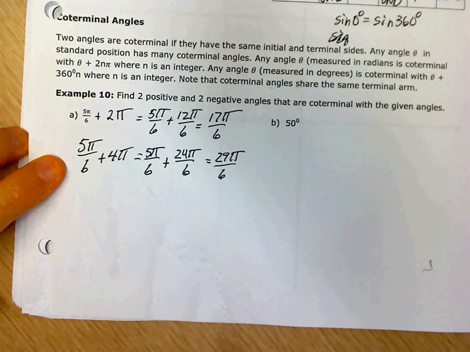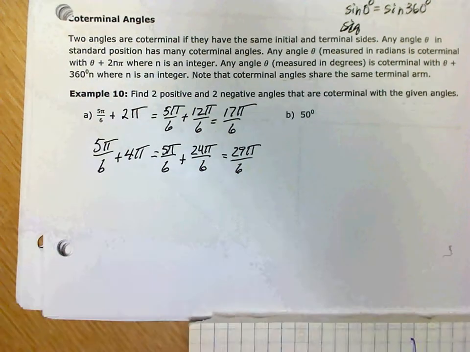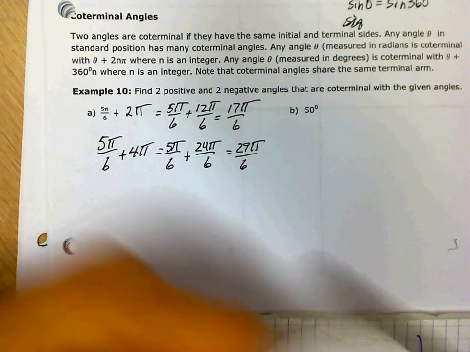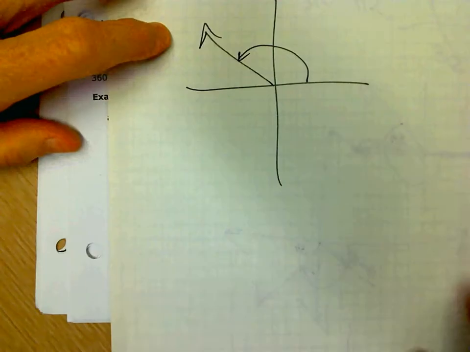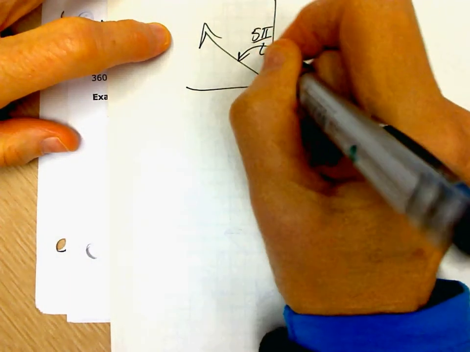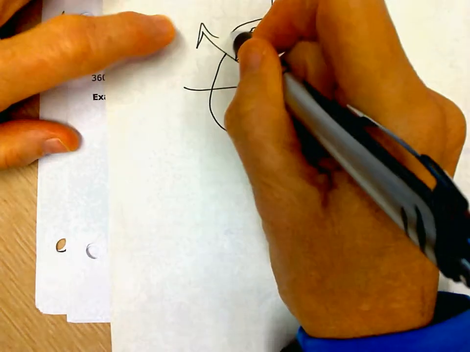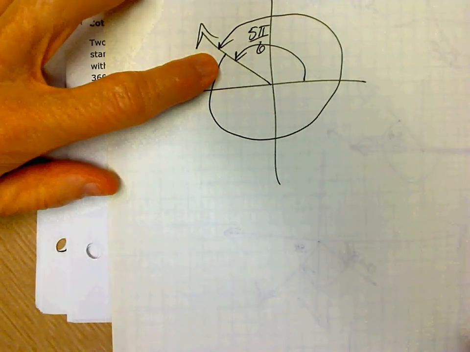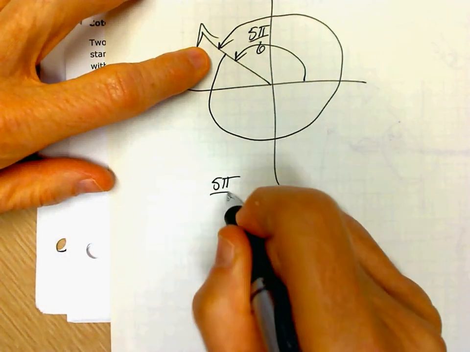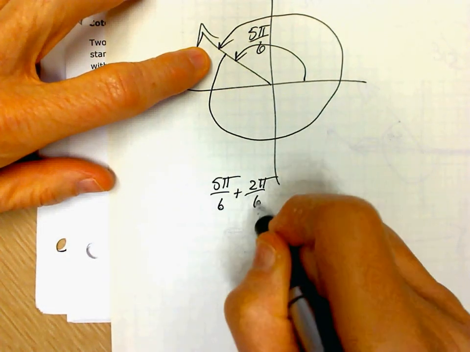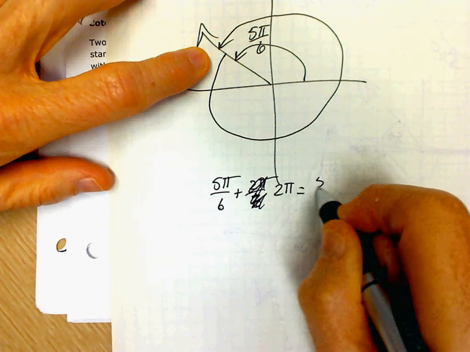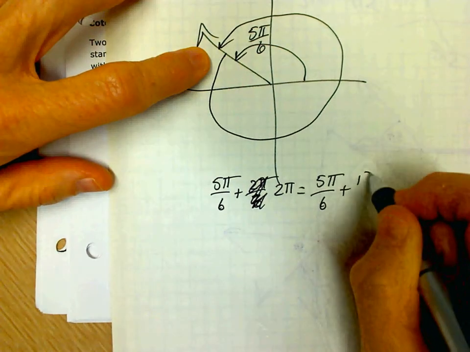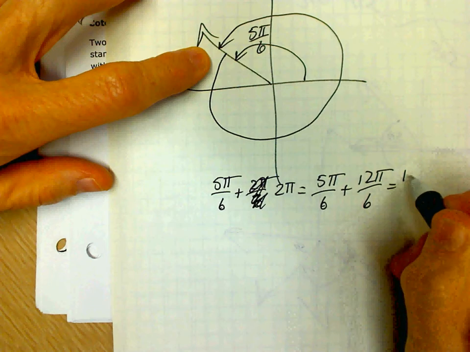We don't see it. Okay? Watch. Okay, watch. 5 pi by 6 is here. If I add 2 pi, I have the same terminal arm. So 5 pi by 6 plus 2 pi, which is 5 pi by 6 plus 12 pi by 6, equals 17 pi by 6.